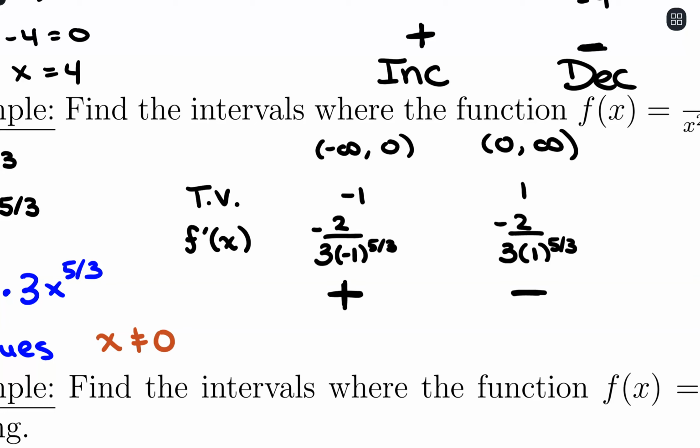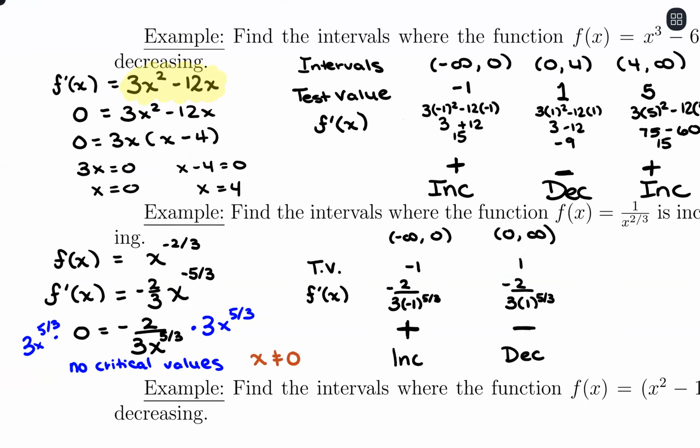So we do have two behaviors here, increasing and decreasing. My explanation with the -infinity to +infinity would have been true if our function was defined everywhere. We have this little caveat of the fact that we can't let x equal 0. So that gave us an interval.